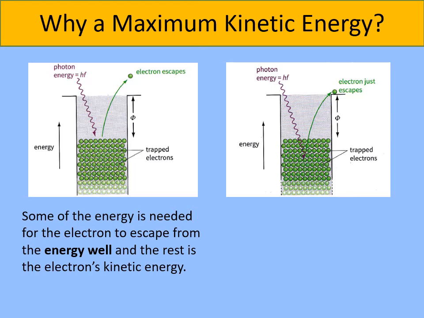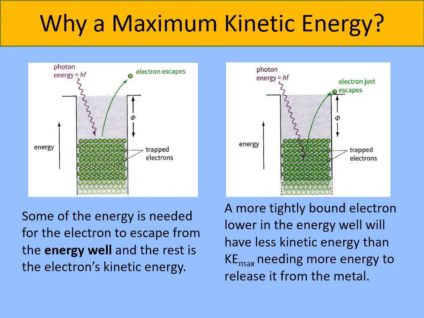The maximum is there because electrons with the most energy left over for kinetic energy will be those on the surface, and those electrons a little deeper, as shown in the diagram on the right, will also escape, but they'll need to use more of the energy to do work against the metal's hold on them. So in reality, a range of energies will be observed.